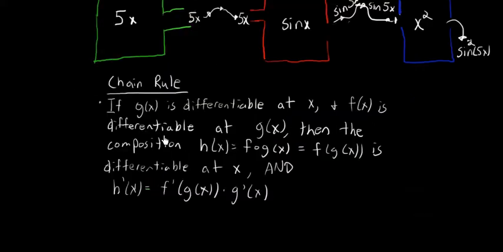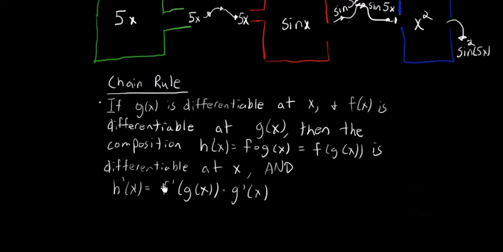The chain rule tells us that if we have a function g of x that's differentiable at x and f of x that's differentiable at g of x, then the composition h of x, which is f compose g of x, or f of g of x, is differentiable at x.